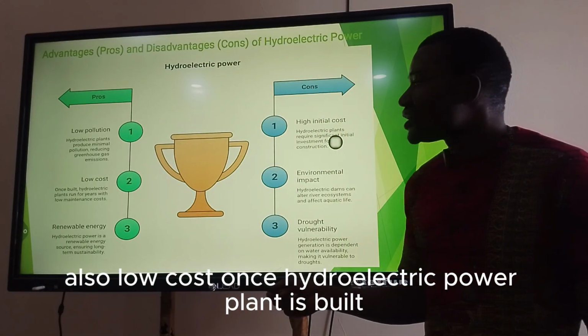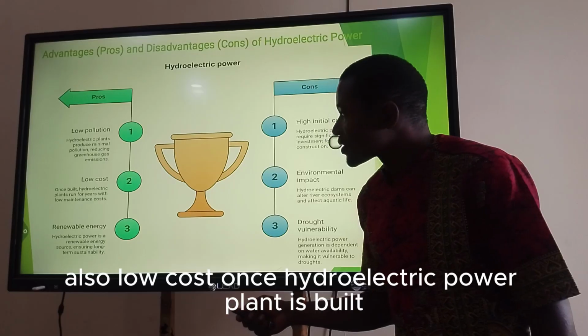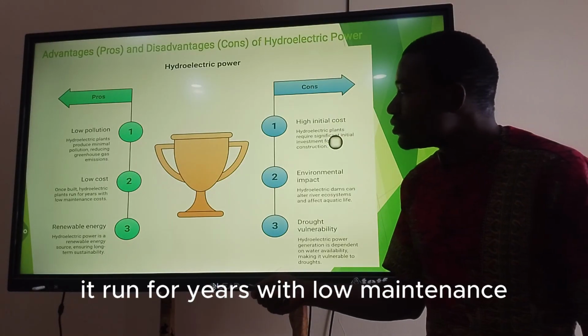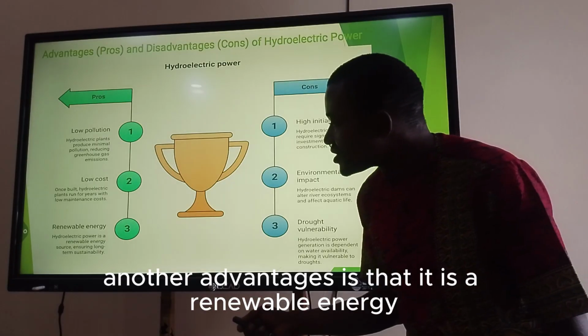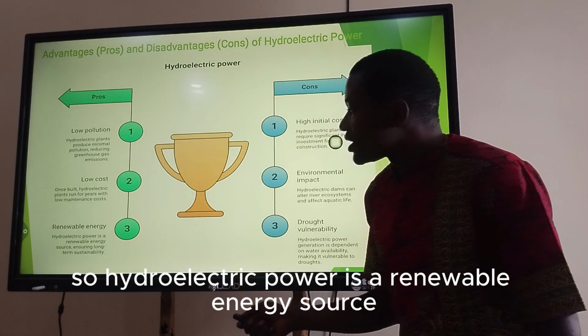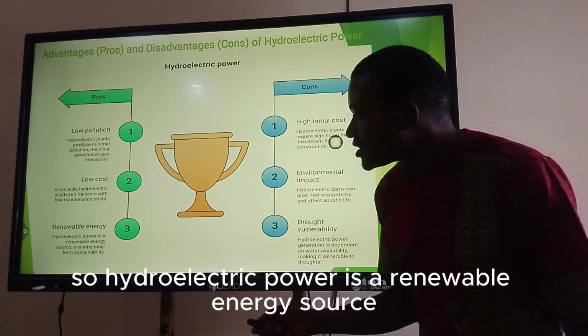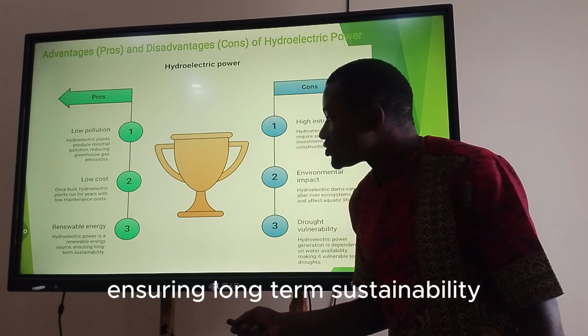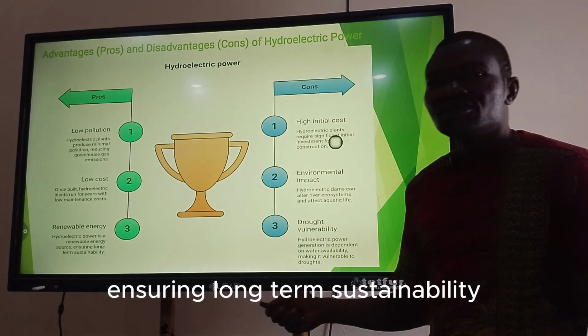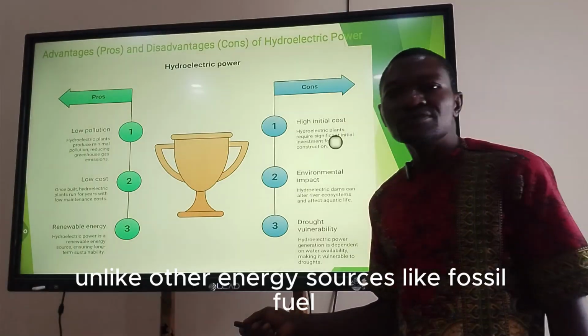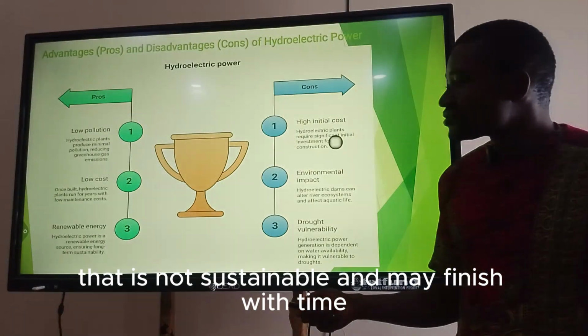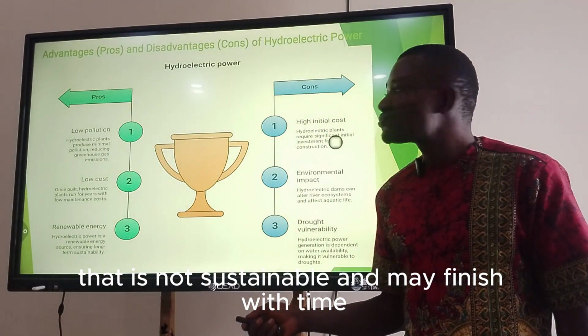Once a hydroelectric power plant is built, it runs for years with low maintenance. Another advantage is that it is a renewable energy. So hydroelectric power is a renewable energy source, ensuring long-term sustainability, unlike other energy sources like fossil fuel that is not sustainable and may finish with time.